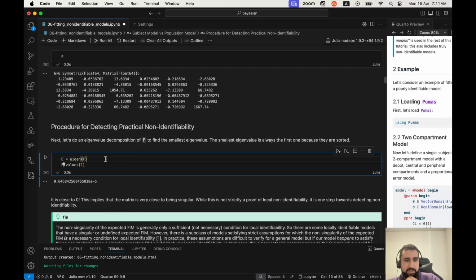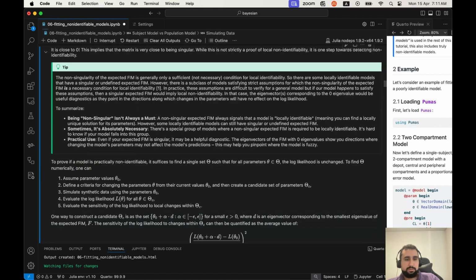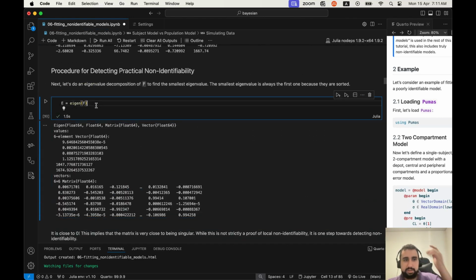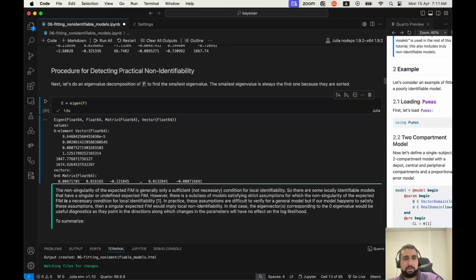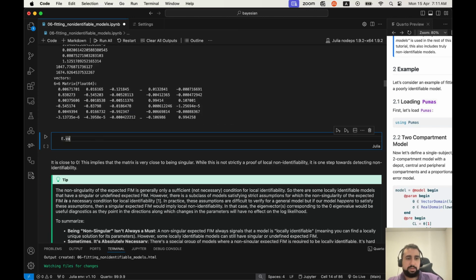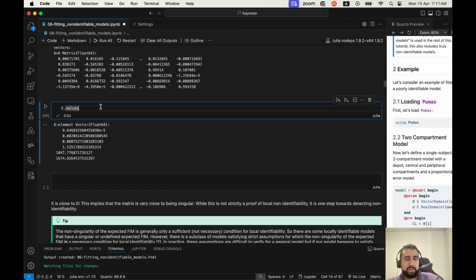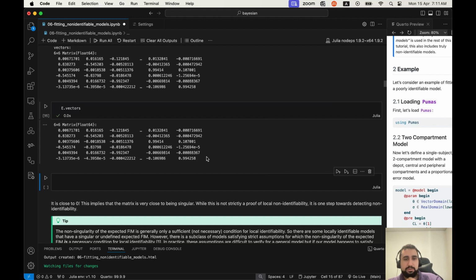What I'm doing here is just taking the eigenvalue decomposition of this matrix, and this gives us an eigenvalue decomposition object. I can get the values of this eigenvalue factorization, or I can get the eigenvectors as well.